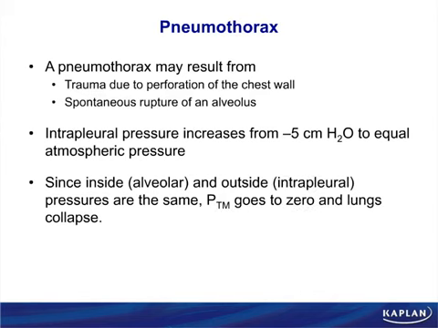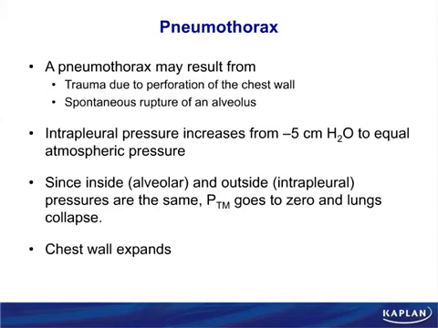This collapse of lungs we call atelectasis. Now, the chest wall is going to spring out, because remember, the chest wall is always trying to spring out. When I remove that inward pull of the lung, because they've collapsed, the chest wall will spring out, or in other words, the chest wall will in fact expand.